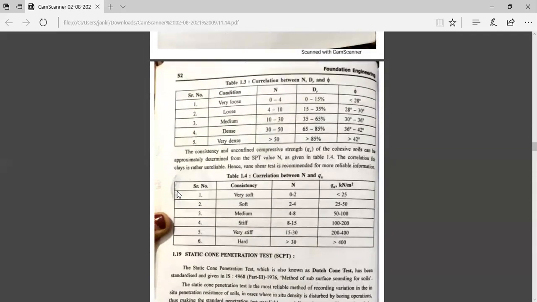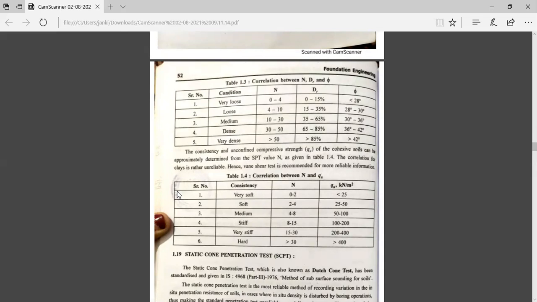Here there is a table which describes the correlation between N, Dr and phi. In different conditions the value differs, right? So the first condition, if the soil is very loose, the value of N is between 0 to 4, the relative density is between 0 to 50%, and phi is less than 28 degrees.